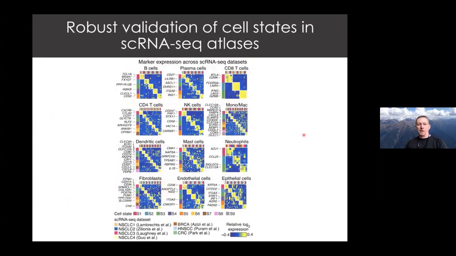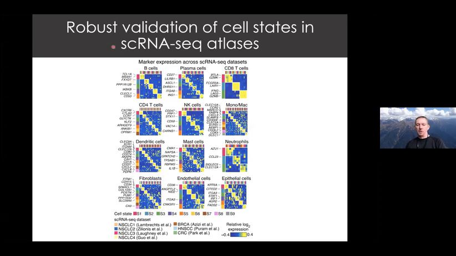Just to show you very quickly some of the validation in single-cell RNA-seq. What I'm showing here is that each of the cell types gets a little heat map, showing you some of the most prominent marker genes for the states that we identify. Basically, we take these states, go to the single-cell RNA-seq atlases, and see if we can assign individual cells to a particular state, and then see if they actually recapitulate the gene expression profile that we see from the deconvolution.